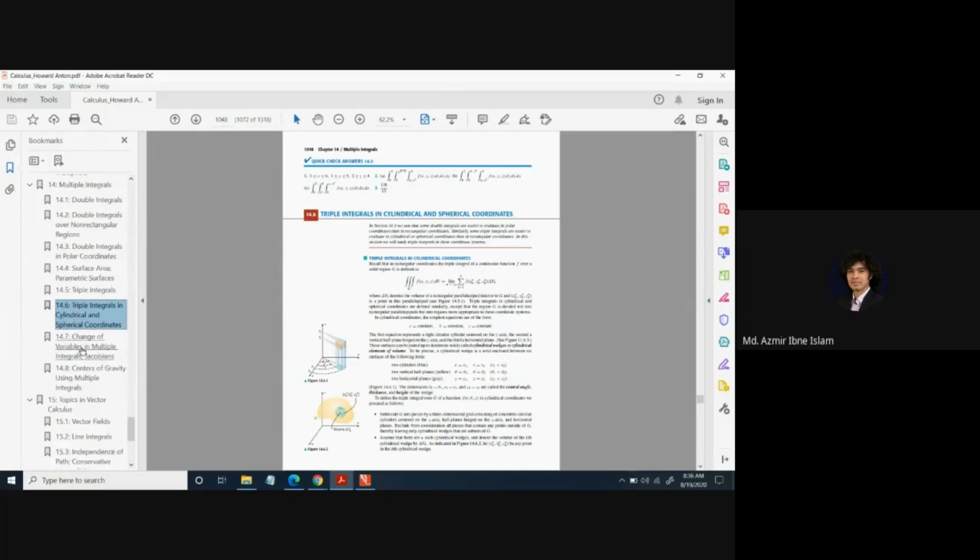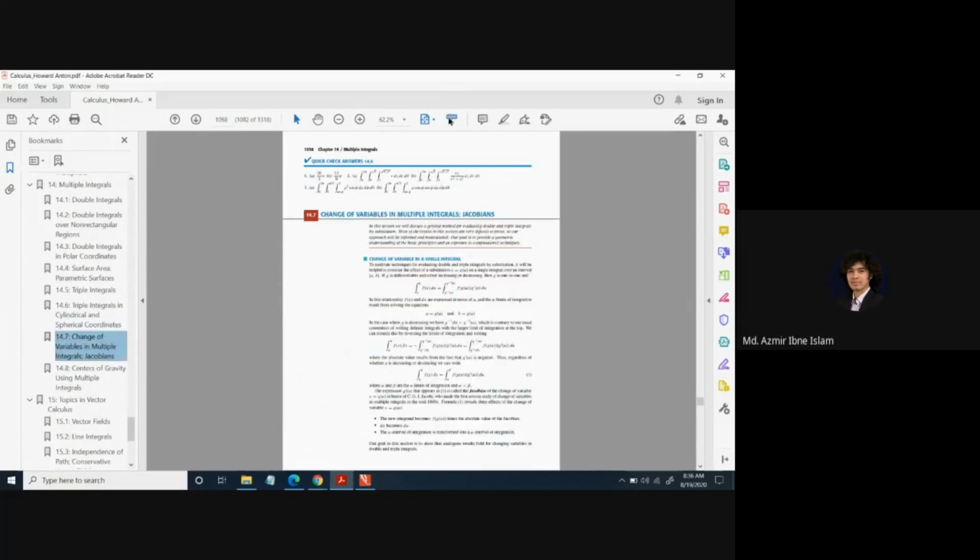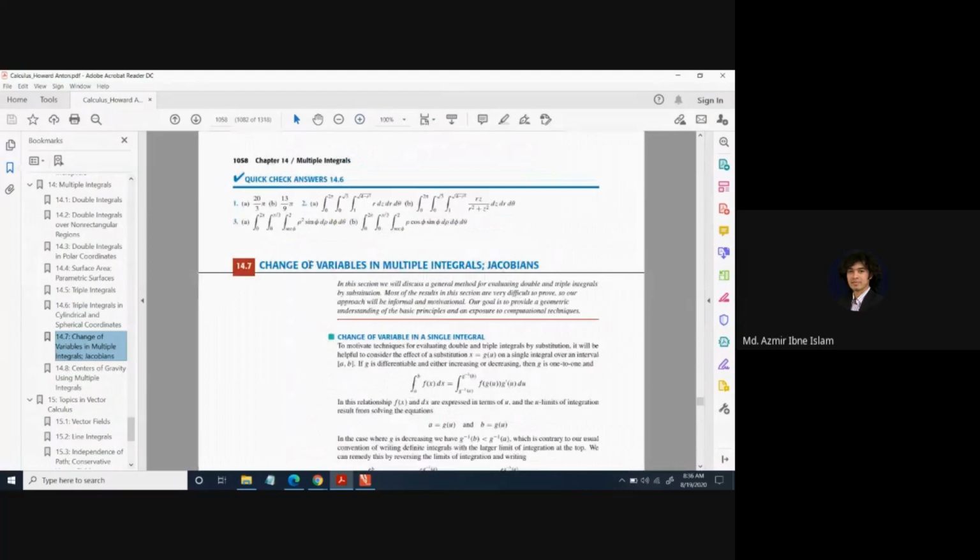And finally, there is a topic called change of variables in multiple integrals, or we can say Jacobians. This is very important whenever we are trying to convert a double or triple integral from the Cartesian coordinate system to the spherical coordinate system, then we need the Jacobian.